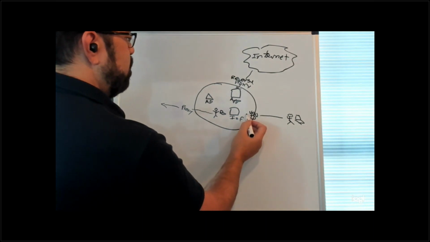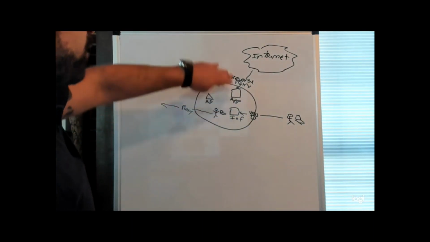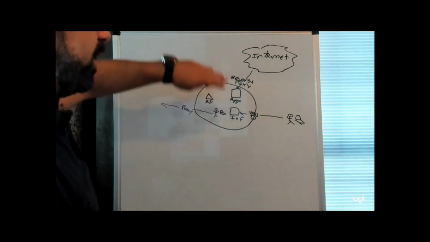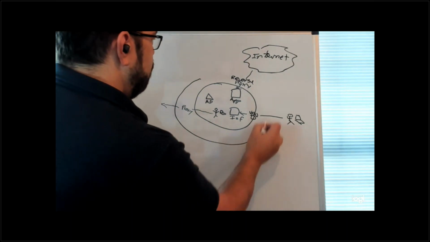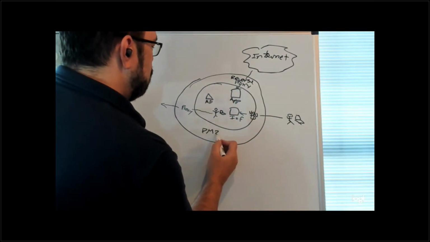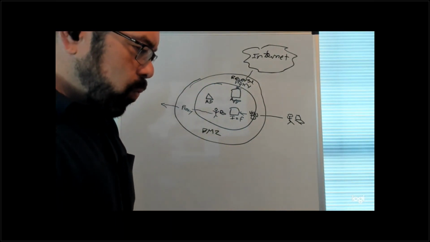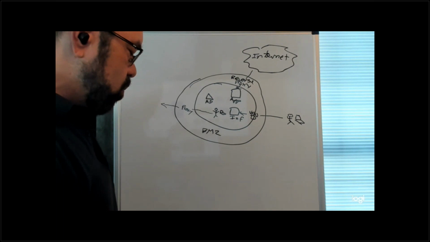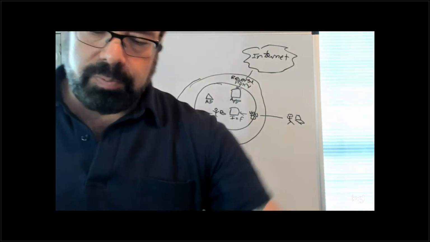Somebody could connect to the VPN to get access to that infrastructure or applications or whatever it is that they need to get access to. And then we'd have DMZ, very perimeter based. So as we start moving to cloud services, we start running into problems.